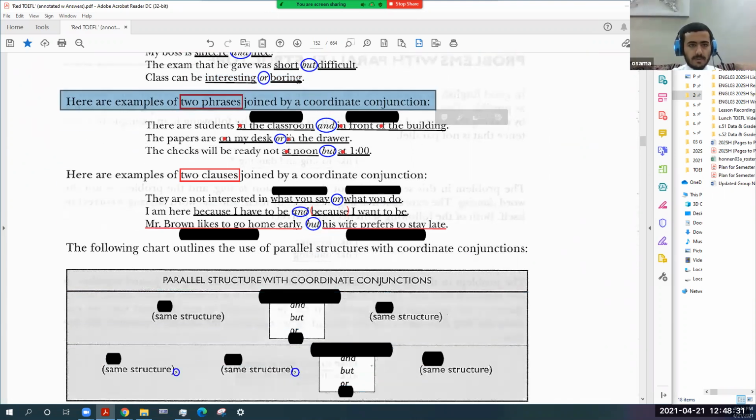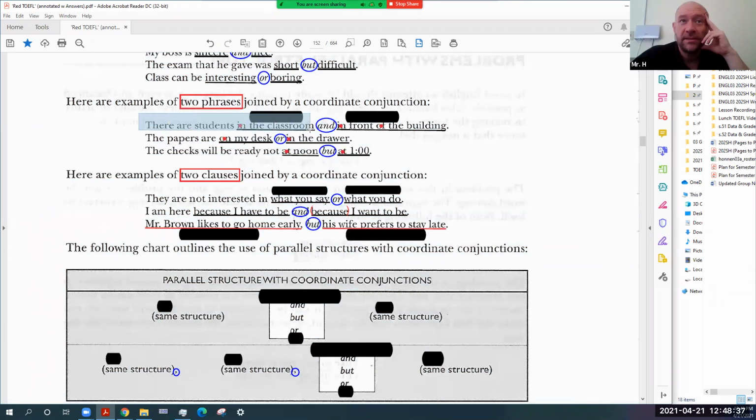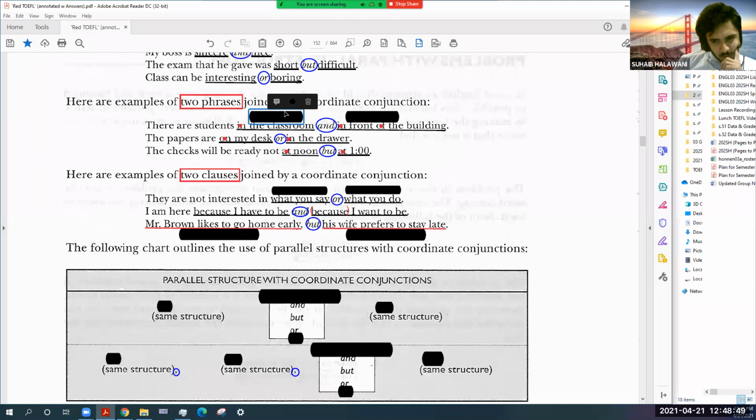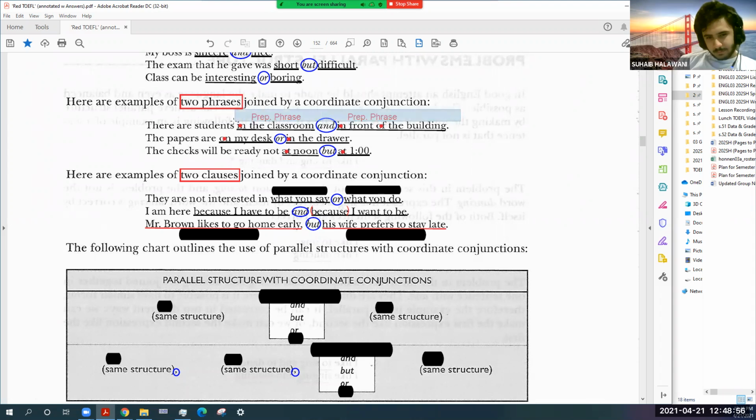Here are examples of two phrases joined by coordinating conjunctions. There are students in the classroom and in the front of the building. What do you see here, guys? The in, again, in and of. What are those? Prepositions. That's right. So, what is it? Prepositional phrases, okay?